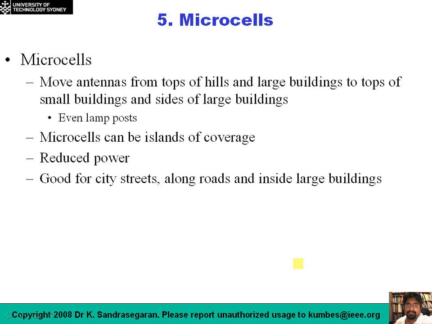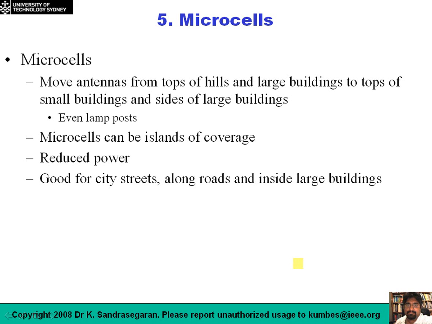Whenever you see antennas on the sides of buildings, not right at the top, usually antennas that are on top of buildings are for larger cells, macrocells, and antennas that are placed on the sides of buildings, much lower in height, can be used to achieve microcells or smaller cells. So you move your antennas from the top of hills and top of buildings to the sides of buildings and even lampposts, so that you can have a smaller cell, which are referred to as microcells.